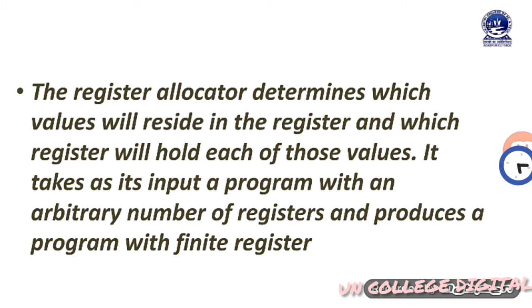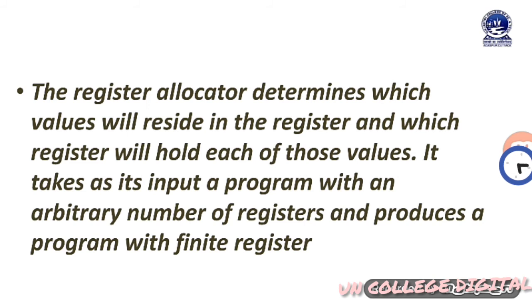It means that whenever you pass a program for compilation and it reaches the last phase, target code generation, the register allocator will decide which variables will reside in registers and which will not, and for the values that do reside in registers, which register will contain them. Everything will be determined by the register allocator.